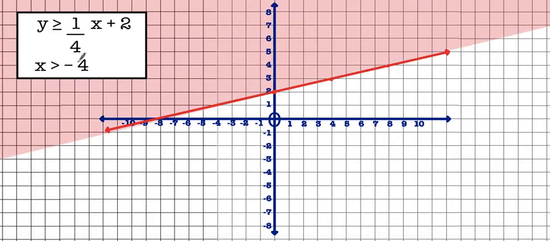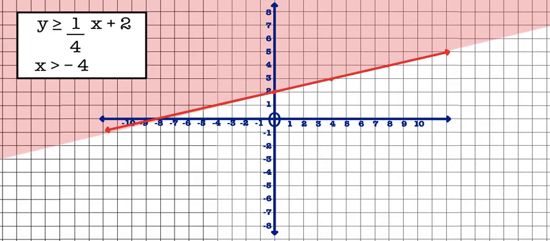And so now we're going to graph our second inequality, which is x is greater than -4. And we know that if this were x is equal to -4, we would just draw a vertical line, and we're going to do the same thing here since it's an inequality.